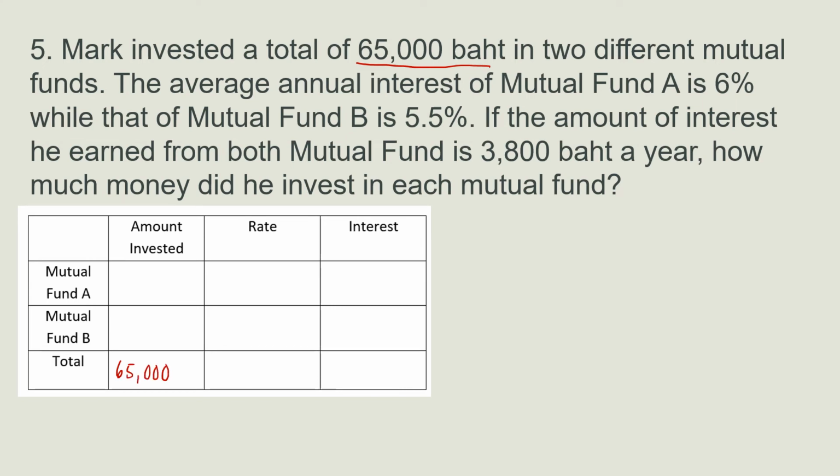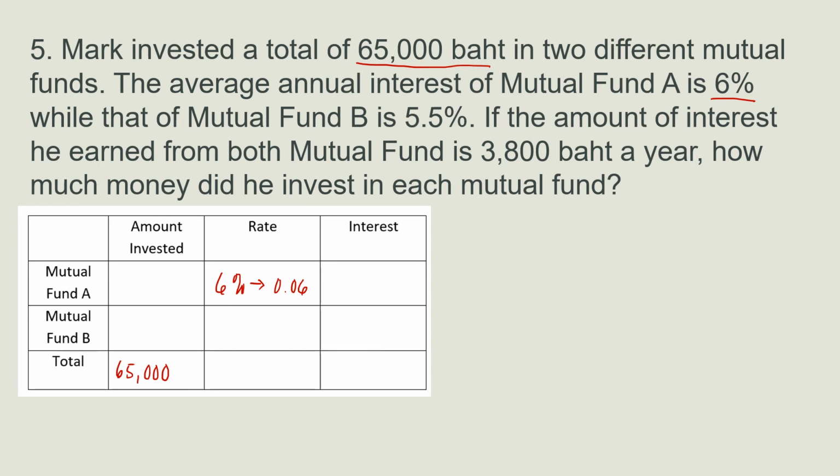Okay, and then we also have the interest rate. For mutual fund A, we have 6%. For our solution that you'll see later, we will use the decimal form for our rate of interest. So let's change it to decimal. This is 0.06.